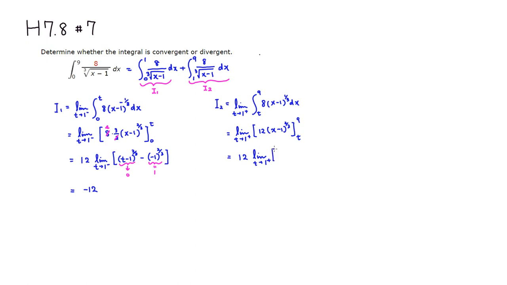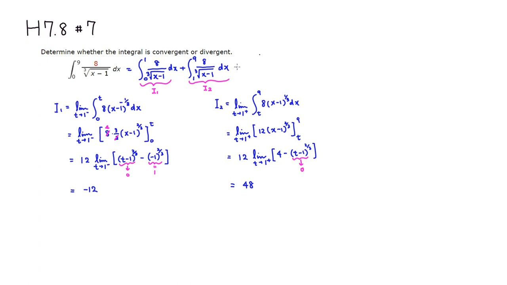So this is going to be 4 minus the quantity t minus 1 to the 2/3 power. As t approaches 1, 0 to the 2/3 power approaches 0, and 4 stays as 4. So 4 times 12 is 48.